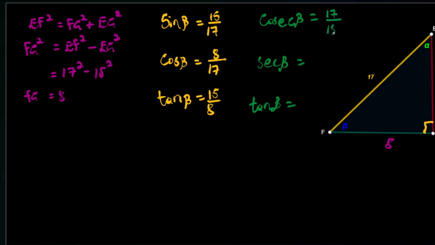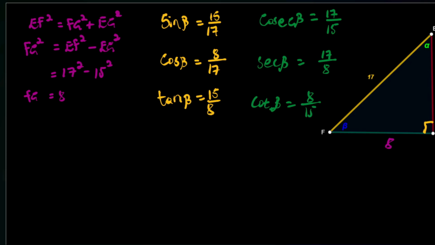And sec is the reciprocal of cos, which is going to be 17 over 8. And I wrote tan twice, and I was supposed to write cot here. And cot is the reciprocal of tan, that is 8 over 15. And that's how you basically do that.